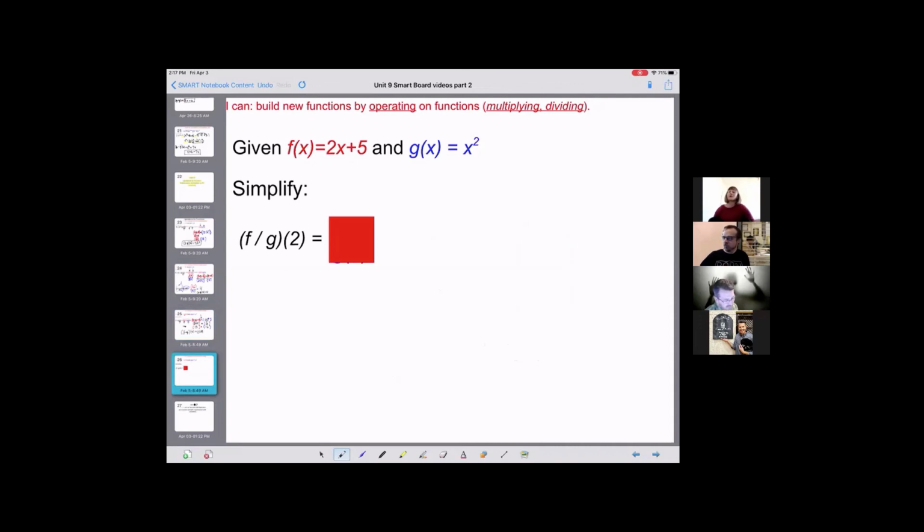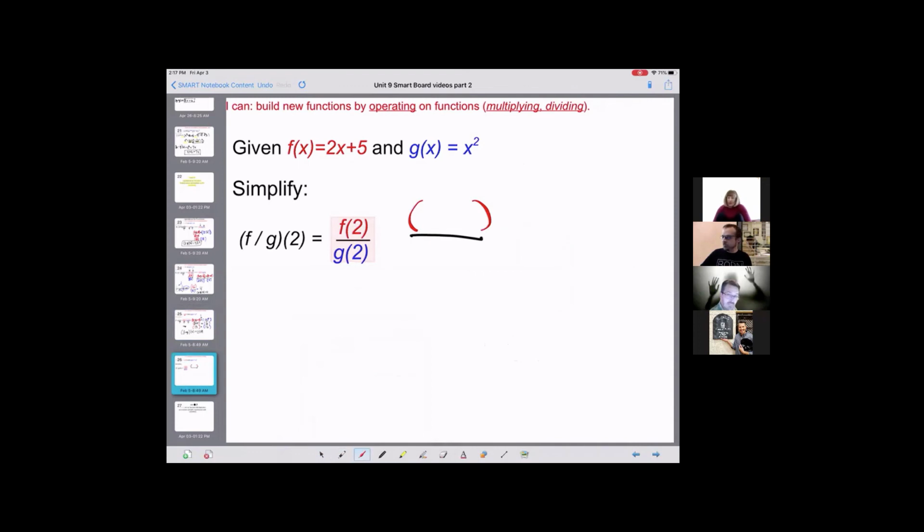Division. One more division. So we have f divided by g of 2. We are going to write this vertically as our fraction with f of x on top and g of x on bottom. So up on top, we're going to use our function f of x.